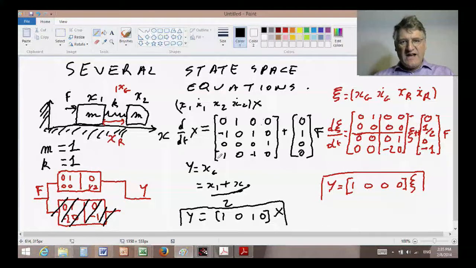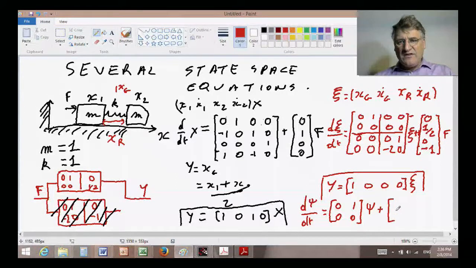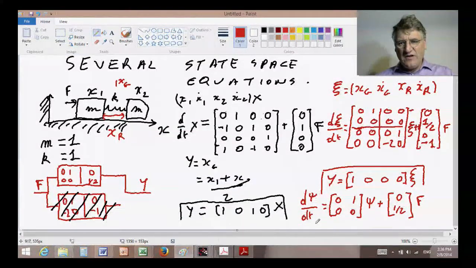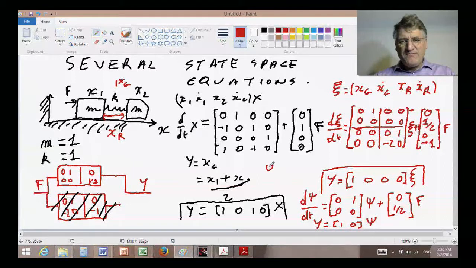Which means that this system can be, in fact, simplified to d psi dt is equal to 0, 1, 0, 0 times psi plus 0, 1/2 times f, y being equal to, and I run out of space here, unless I move this down, I can write that y is equal to 1, 0 times psi.